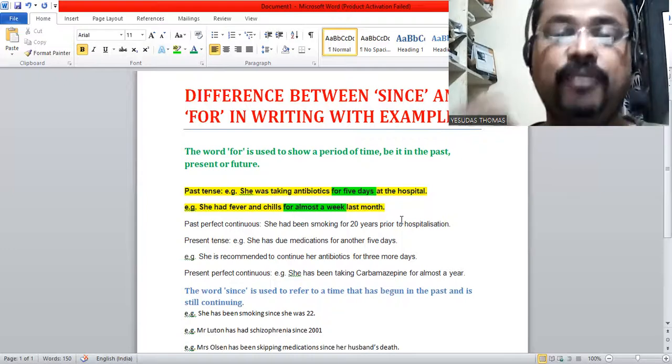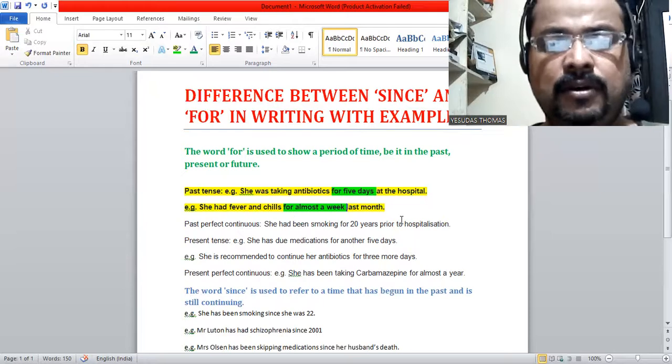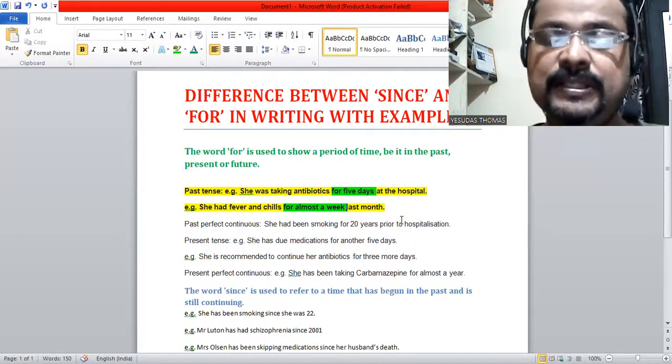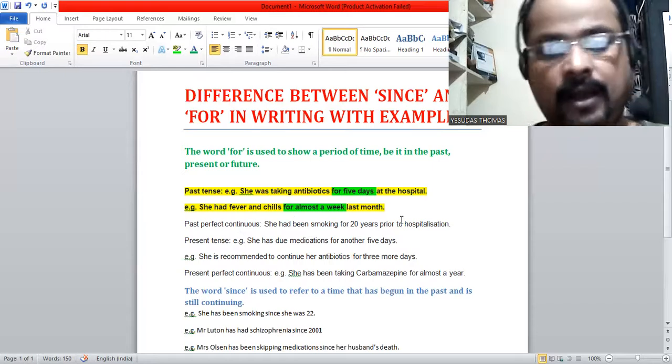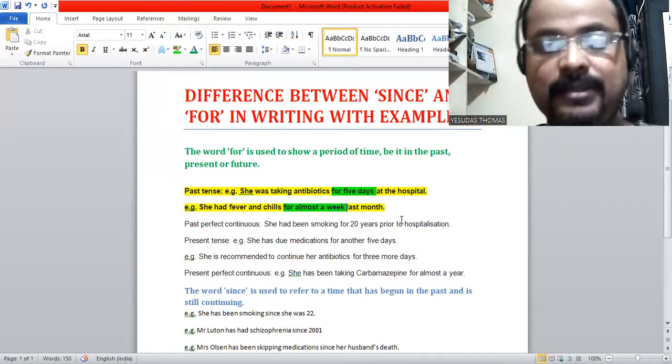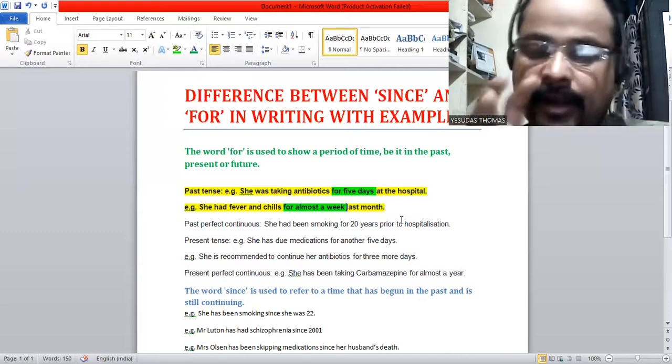How long? For almost a week last month. So this is how the usage of for goes. I have given two different situations, one pertaining to a place, at the hospital, and one pertaining to a period and a sub-period.